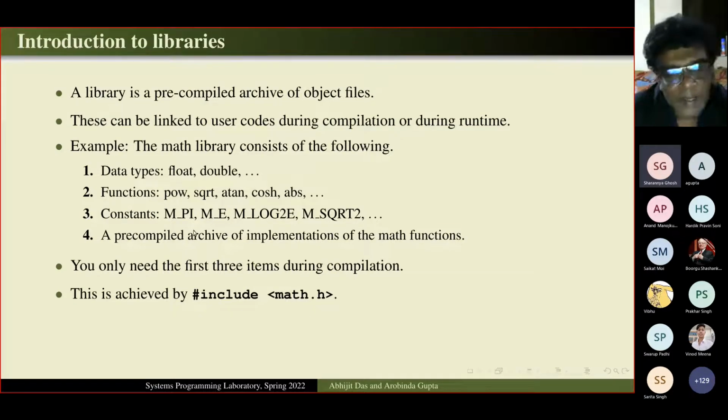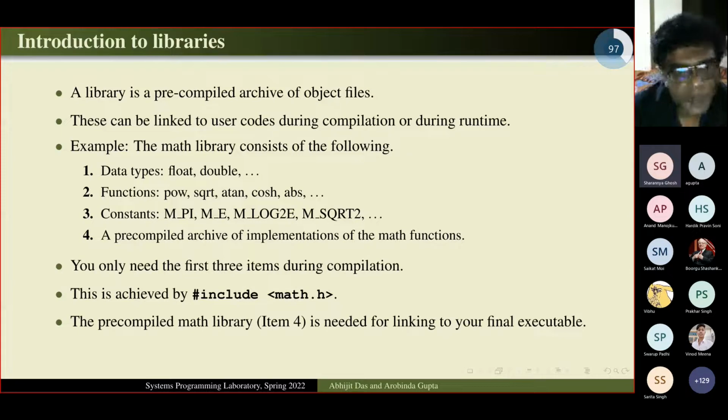Okay. In the last stage, which is called linking, now there are two types of linking as I mentioned in the last class. It may be a last stage of compilation, that type of linking, or it may even be a runtime linking. Okay. Then that is the stage where you actually require the implementations of the math functions, the exact bodies in the language of the target machine. So this precompiled math library is needed.